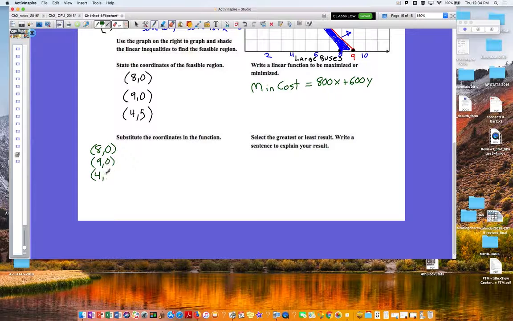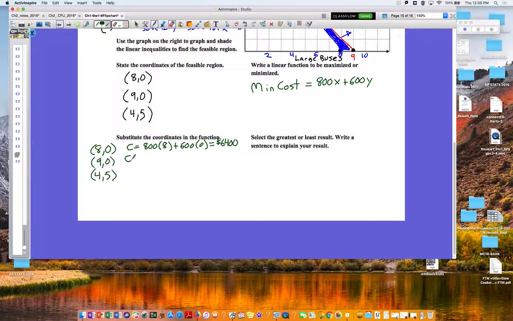I'm going to see which one gives me the least amount of cost. So C equals 800 times 8 plus 600 times 0, that's $6,400.